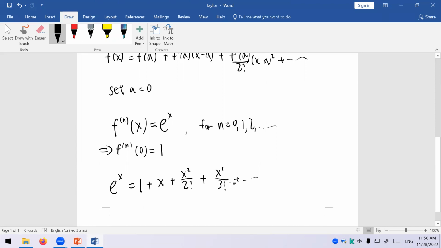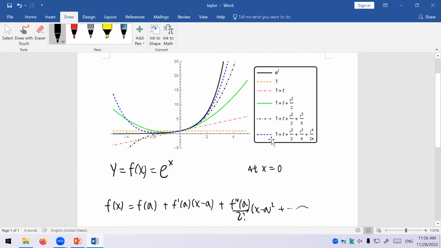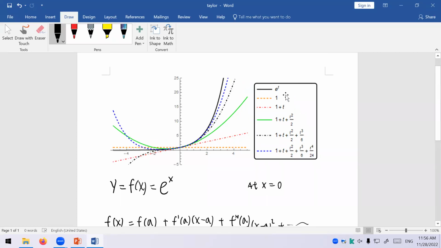So here is a graph. Here, this graph is using e to the t instead of e to the x, but you know. The solid black line over here is the original function.